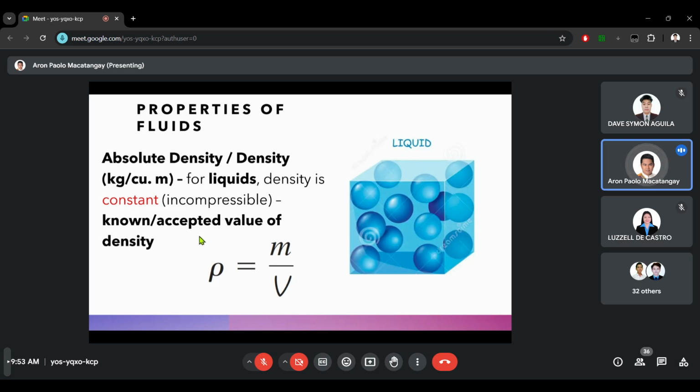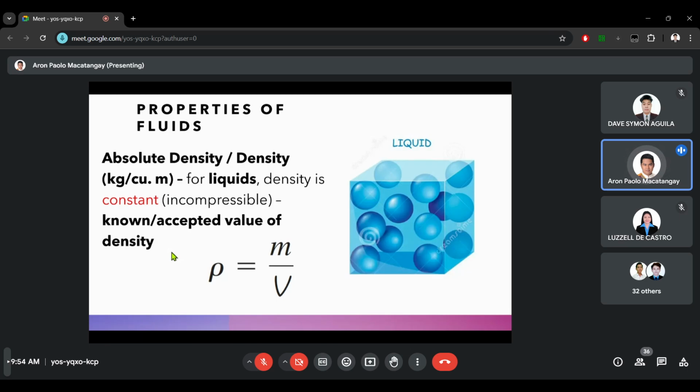For example, when we discuss water, you do not need to solve for the value of the density of water, because water has a constant density, which for us will be 1000 kilograms per cubic meter, right?